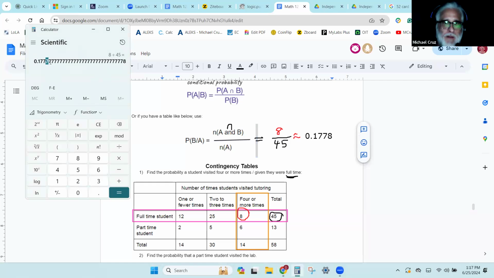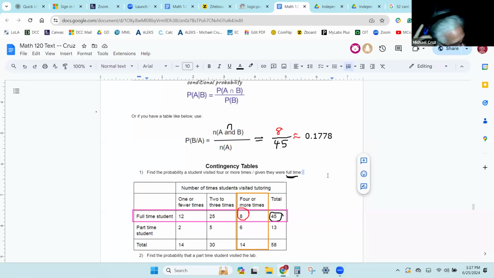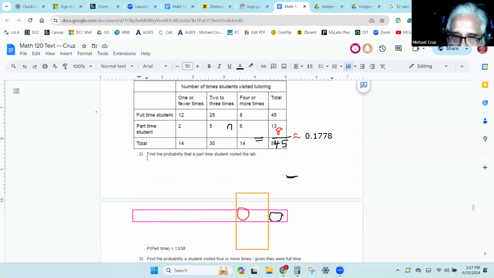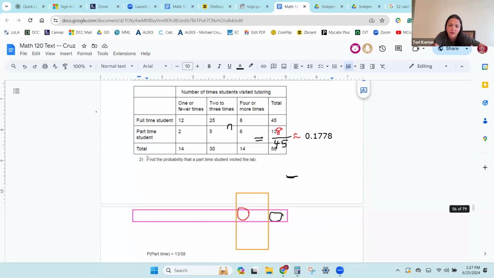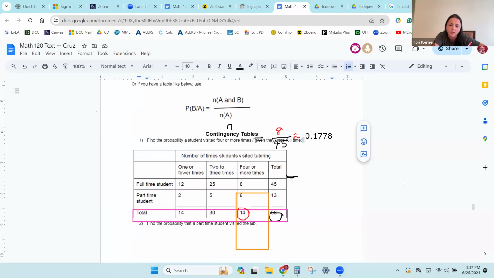Since it's above 4, then we bump the 7 up to an 8. That's a pretty standard rule. So make sure you got that part down because there's a lot of rounding. If it said round to 3 decimals if necessary, it would be 0.178.